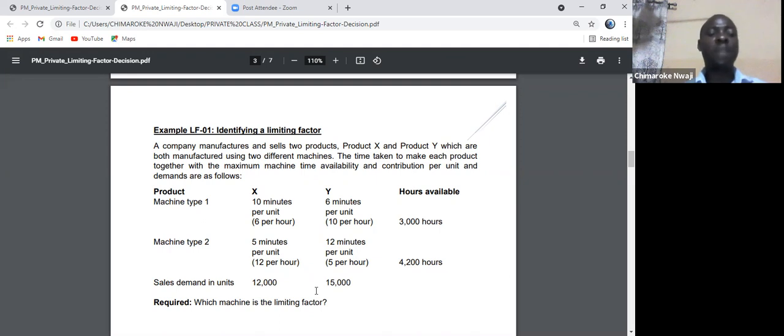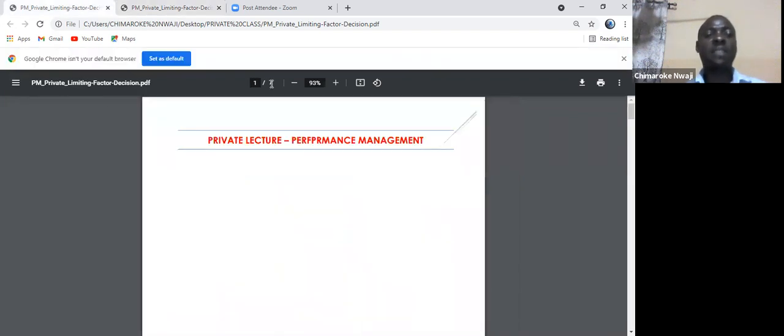Now your sales demand, which is the king. Your customers demand 12,000 units of X and they demand 15,000 units of Y. Now, you know that these hours available cannot meet this demand. So which of the machines is the limiting factor? Let's identify this limiting factor.